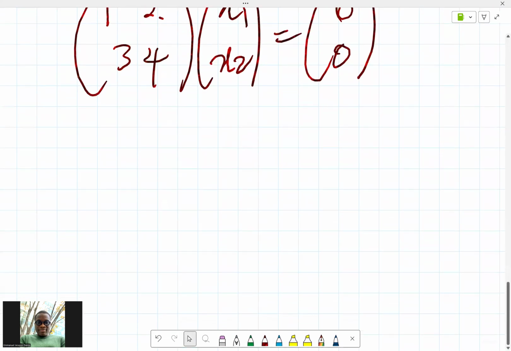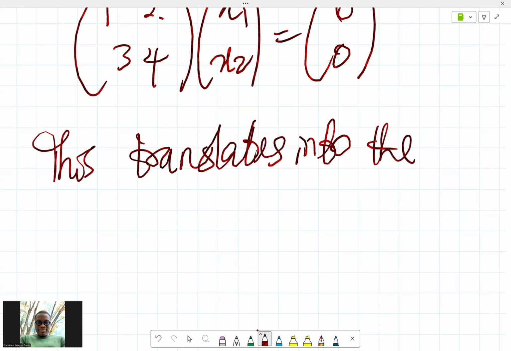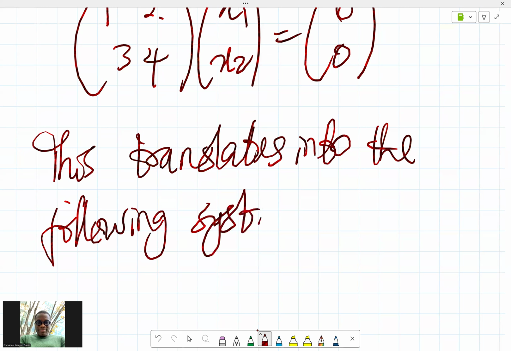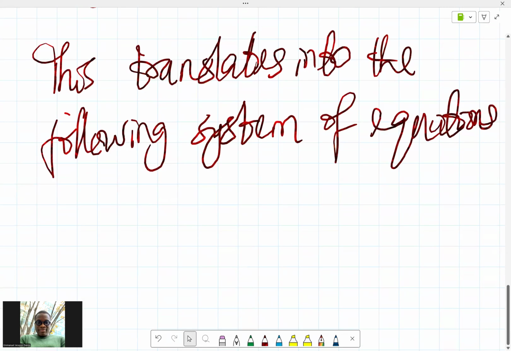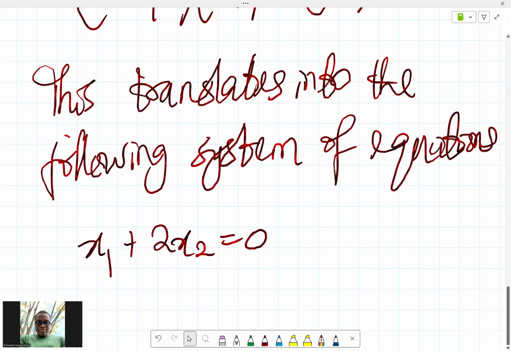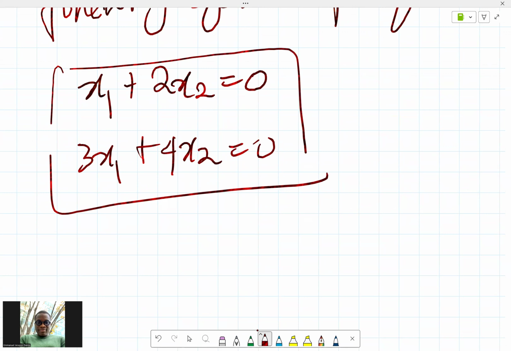This translates into the following system of equations: x1 plus 2x2 equals 0, and 3x1 plus 4x2 also equals 0.